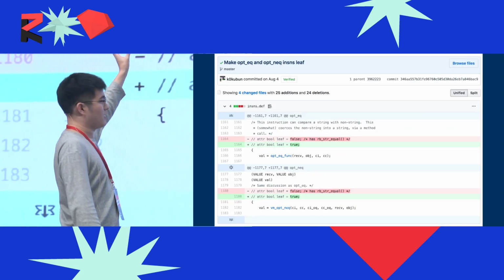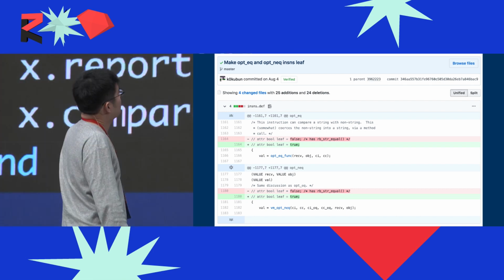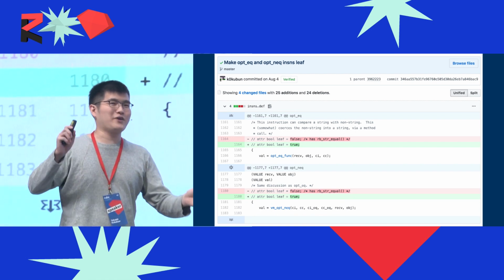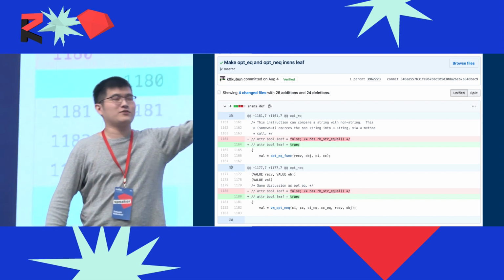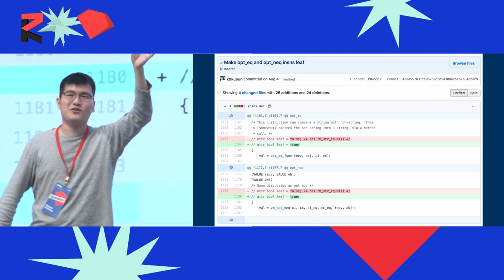It's expressed as a leaf in the virtual machine implementation. But in Ruby 2.7, I put a lot of effort into turning the side effect flag from false to true, where true means no side effect.